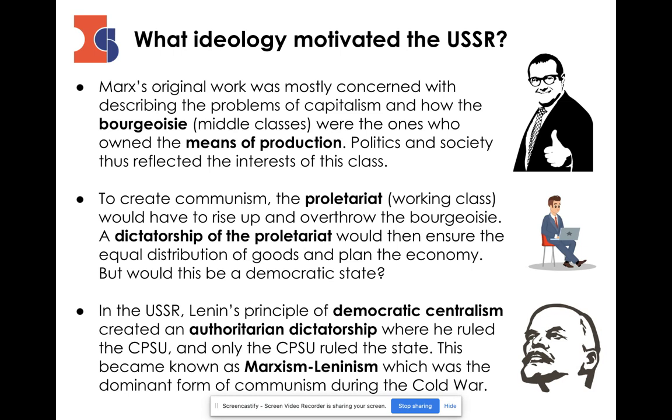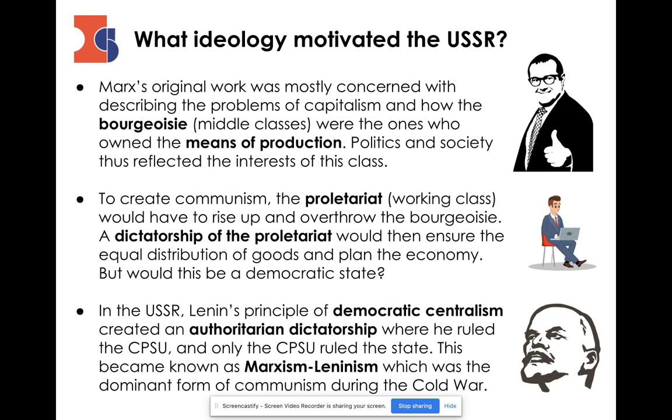So in order to change society, the working class would have to overthrow the middle classes and set up what he called a dictatorship of the proletariat, being the working class. And therefore they could ensure the equal distribution of goods and end the inequalities of capitalism. But Marx didn't really talk much about whether that would be a democratic state.